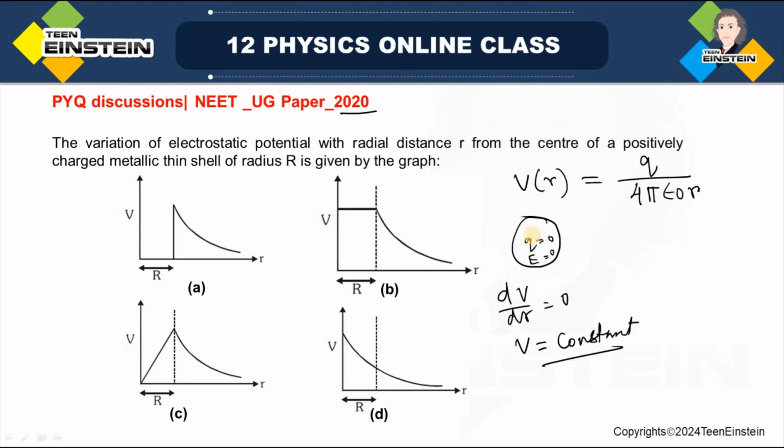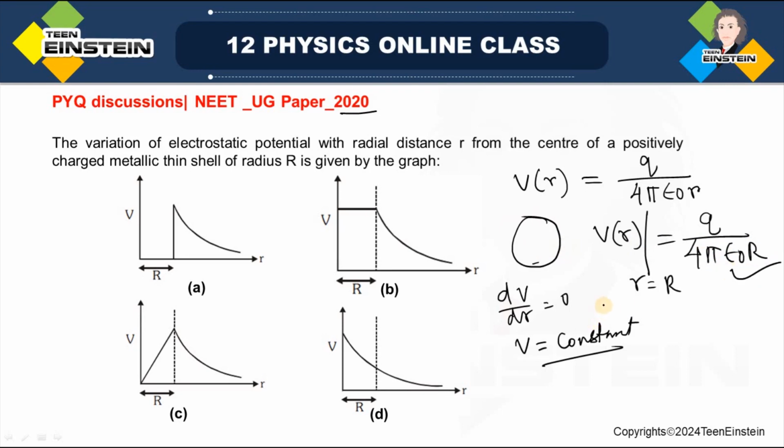So there will be a constant potential inside the shell, and that constant potential has exactly the value on the surface, that is Q by 4 pi epsilon naught R, where R is the radius at the surface. This is the value of electrostatic potential on the surface of the shell, and inside also there will be a constant potential of the same value.